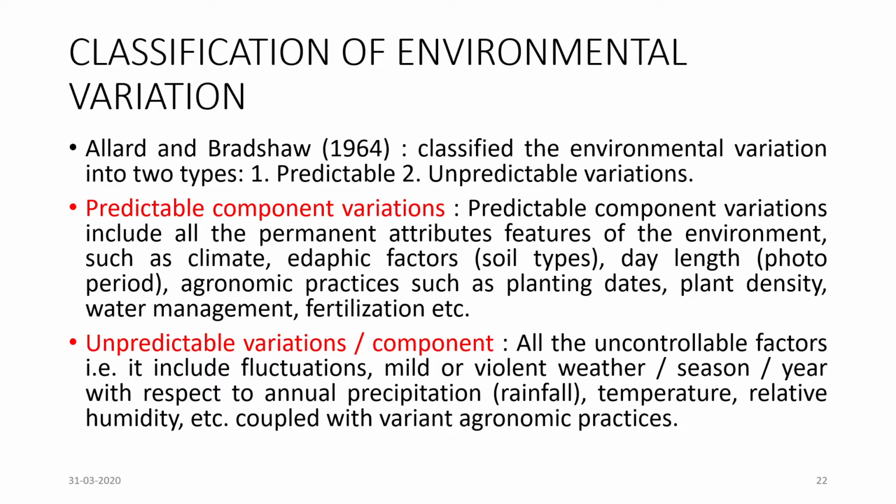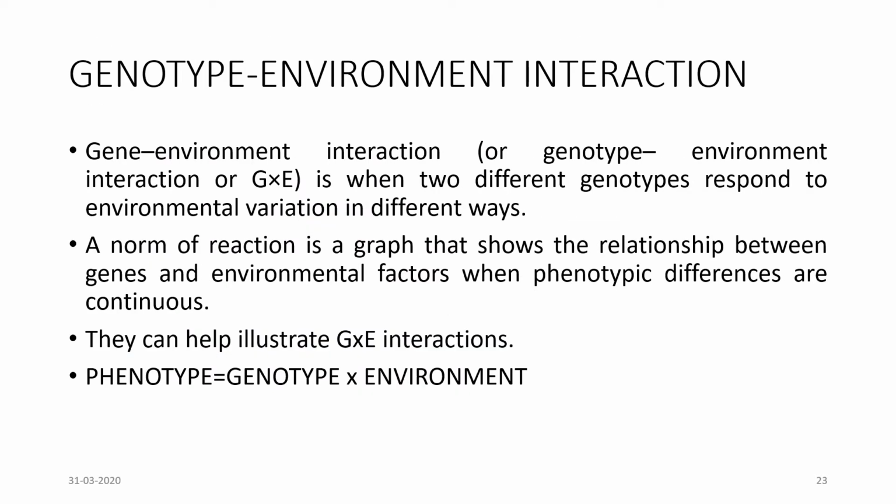That is a predictable component. Unpredictable variation includes a lot of fluctuation, like sudden changes in annual precipitation, or temperature variation. Slight variation can be unpredictable, and relative humidity changes, mostly coupled with agronomic practices, are variations in the environment.